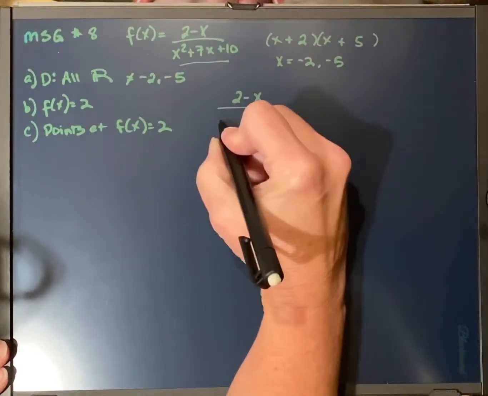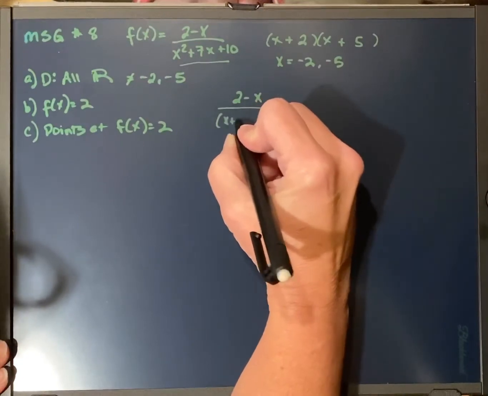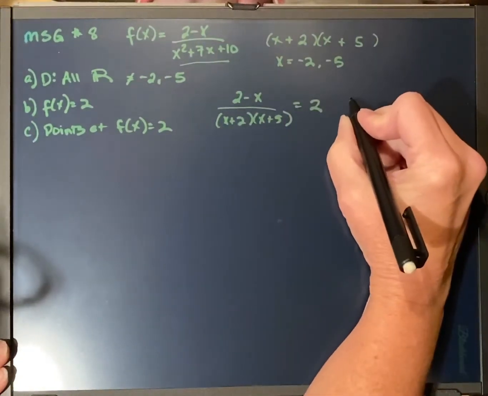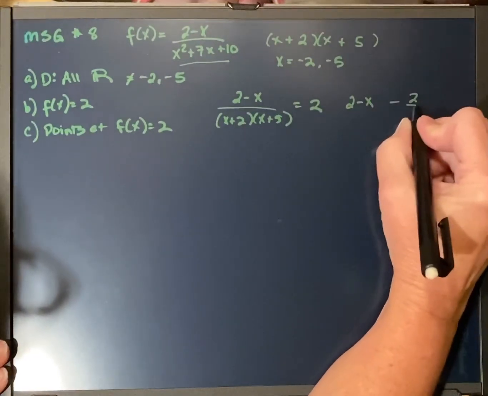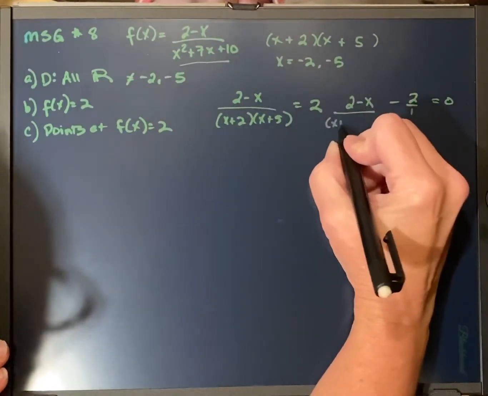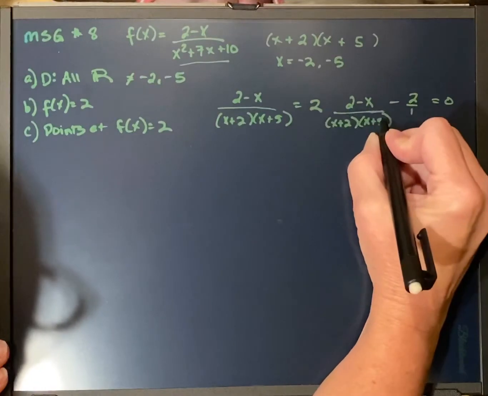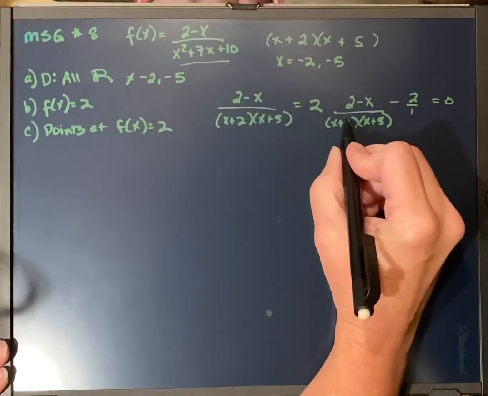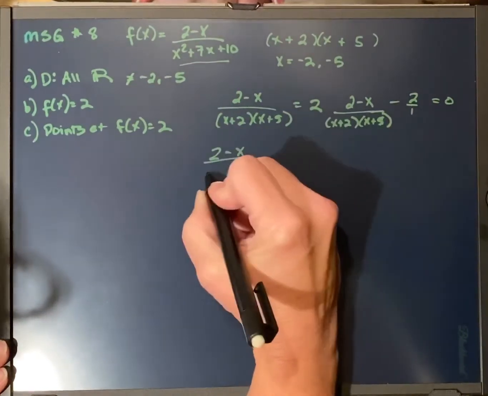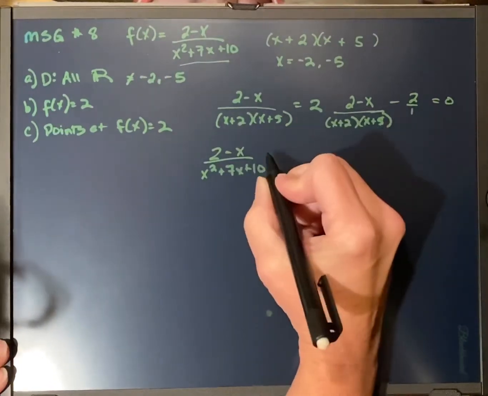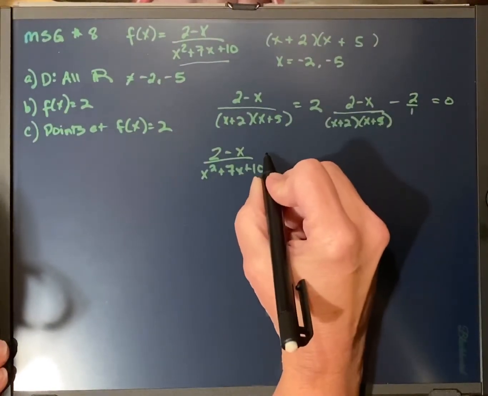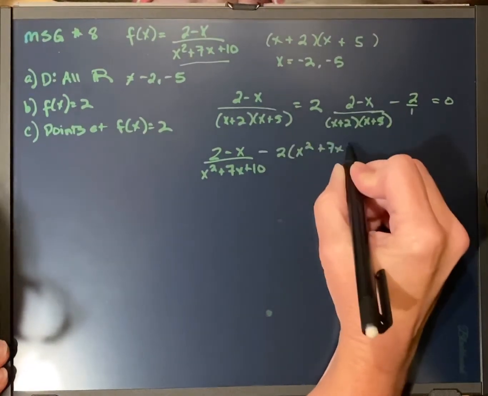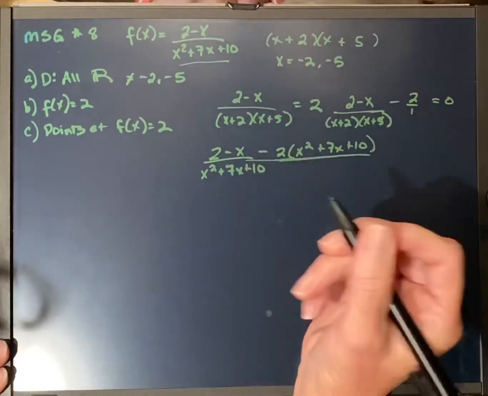So we'll say (2 minus x) over... Looks like this isn't going to help us very much, so I'm just going to leave it the way it was. And then we'll distribute that.